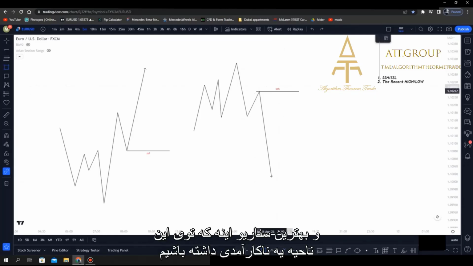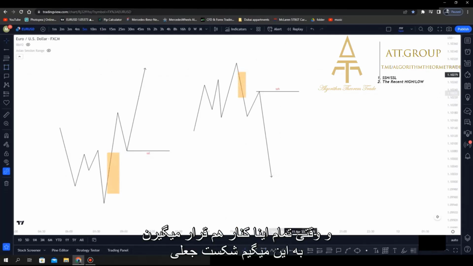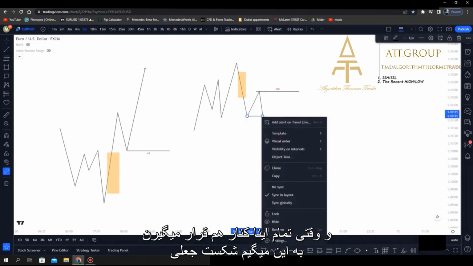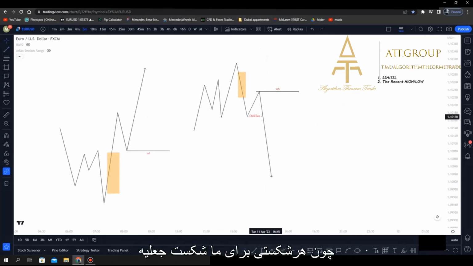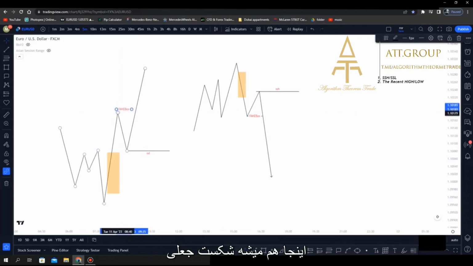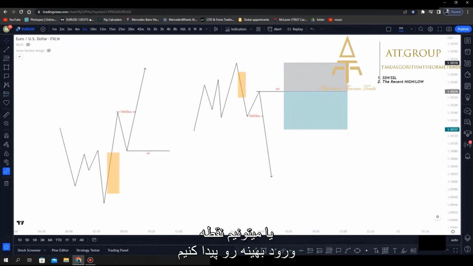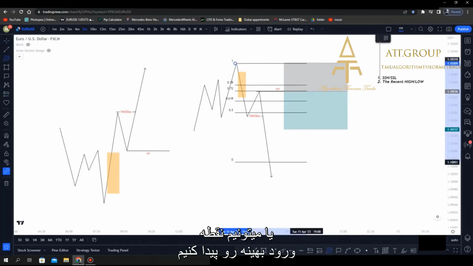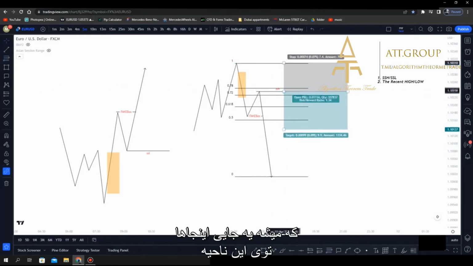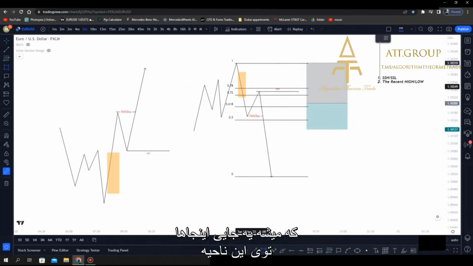The best scenario would be an area of fill-in or IPA right here. Once we have all this combined, we can call this a fake BOS, because every BOS is a fake BOS. We can enter right here, or we can just find the OTE, which should be right here or right here in this zone.